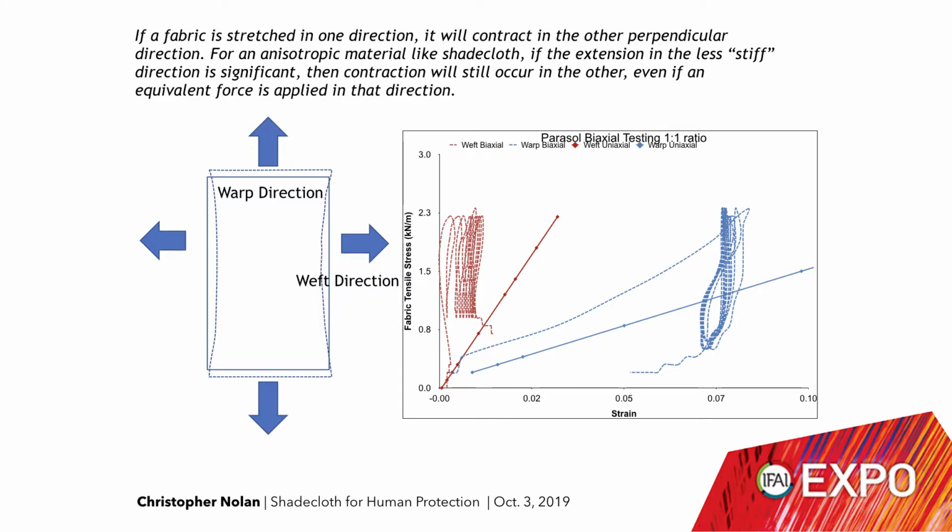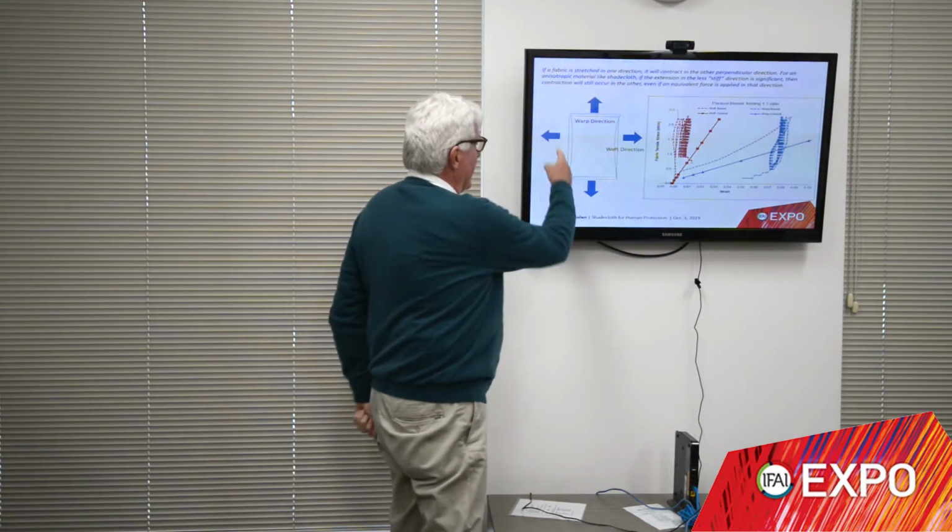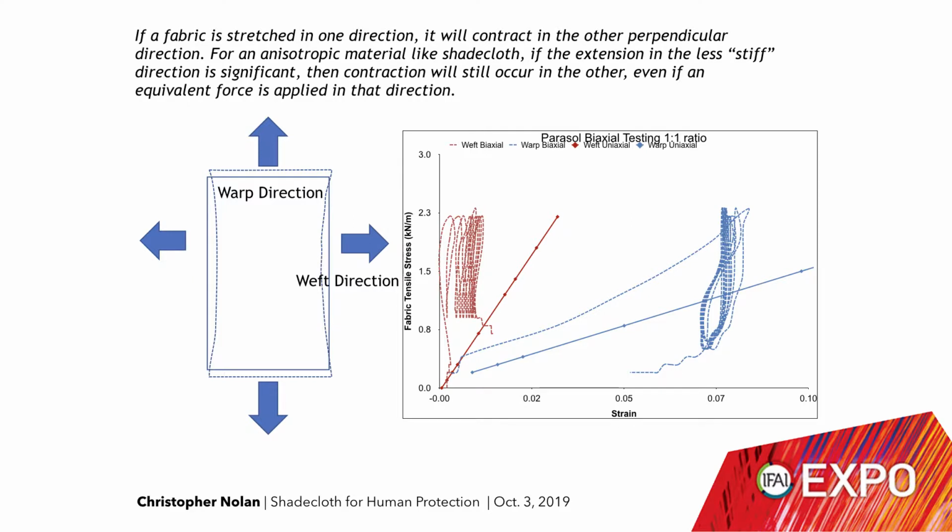So for this particular fabric, it hasn't changed very much in the warp direction, but it has changed significantly in the weft. And the significance of that is you are getting a lot of extension in the warp direction as you pull, and you're still getting contraction in the weft direction, even though you are pulling with the same degree of force in each direction. And that's the nature of how these fabrics behave.